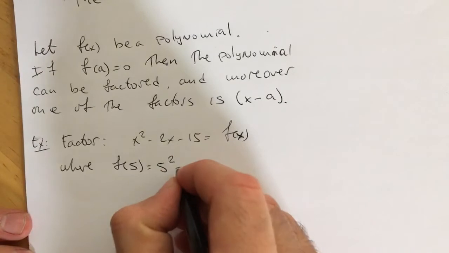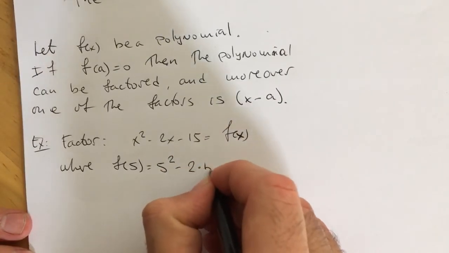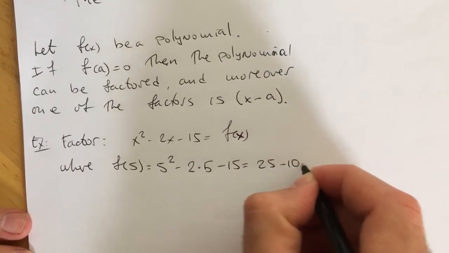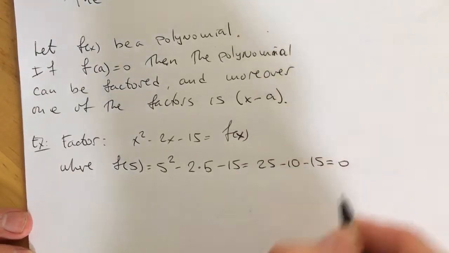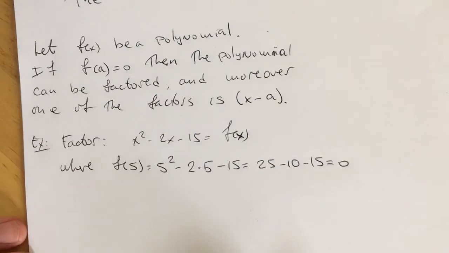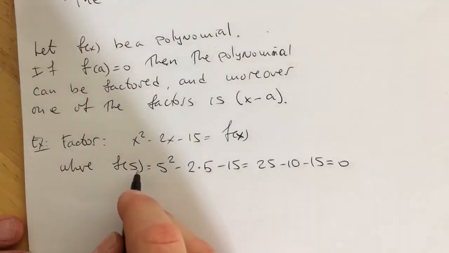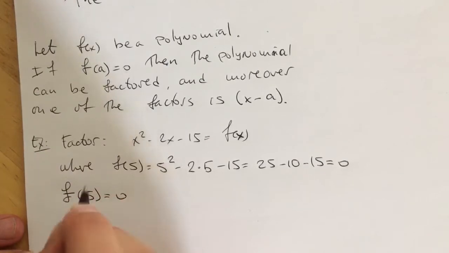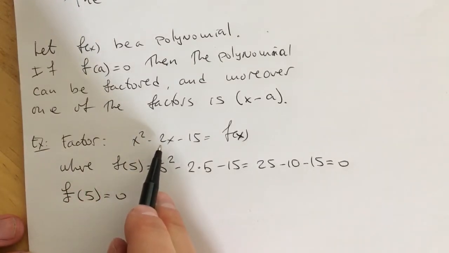So that's 5 squared minus 2 times 5 minus 15, which is 25 minus 10 minus 15, and that's 0. Okay? So that means f of 5 is equal to 0, where this is my f of x.